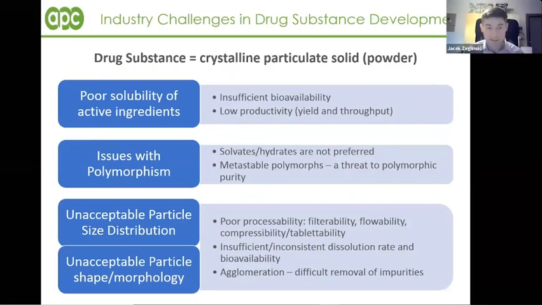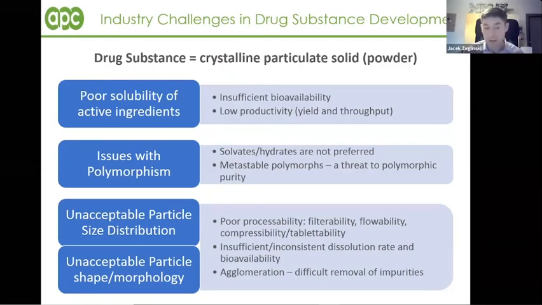And then the third one, which I combined together, would be the issues related to particle size and particle shape or morphology, because they are connected. The particle size distribution and shape would affect processability of the powder: filterability, flowability, tabletability, so compressibility is one part of this. Also, particles might have unwanted characteristics.